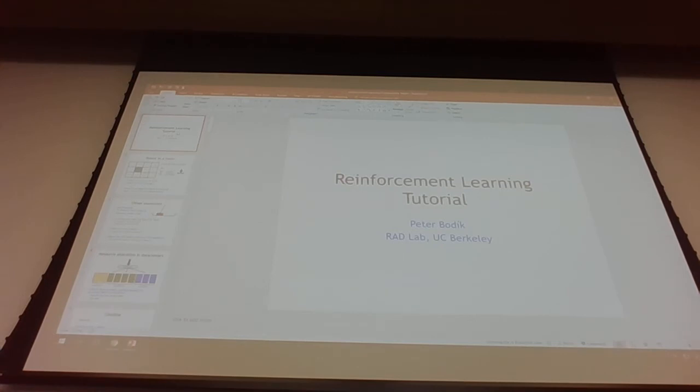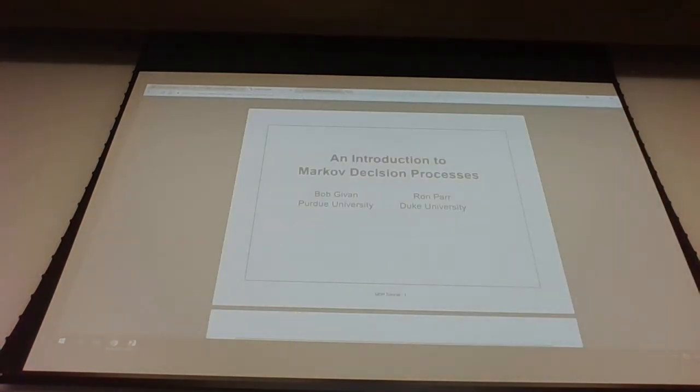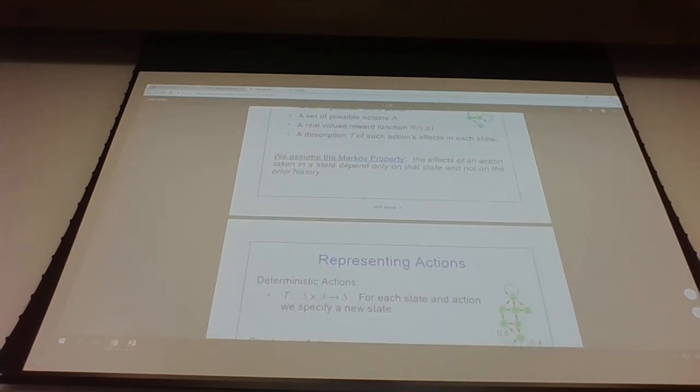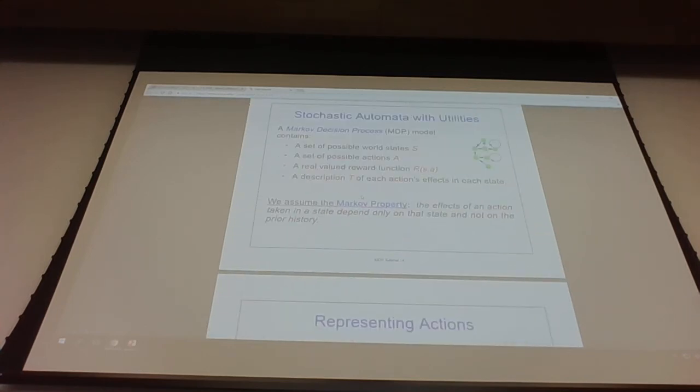Right? So do you want me to go over Markov decision process again, just as a refresher? So this was Markov decision process.